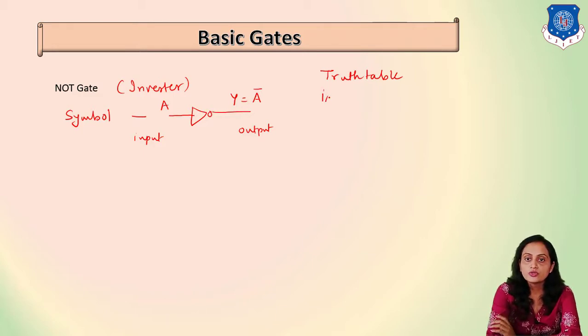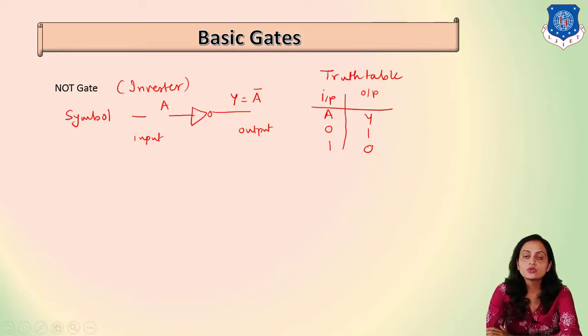So in the input we have A, and the possible combination of A is A can be 0 or 1, and in the output we have Y, and when input is 0, at that time output will become 1. So this is a NOT operation, and when input is 1, output will be 0. So this is the truth table for the NOT gate.